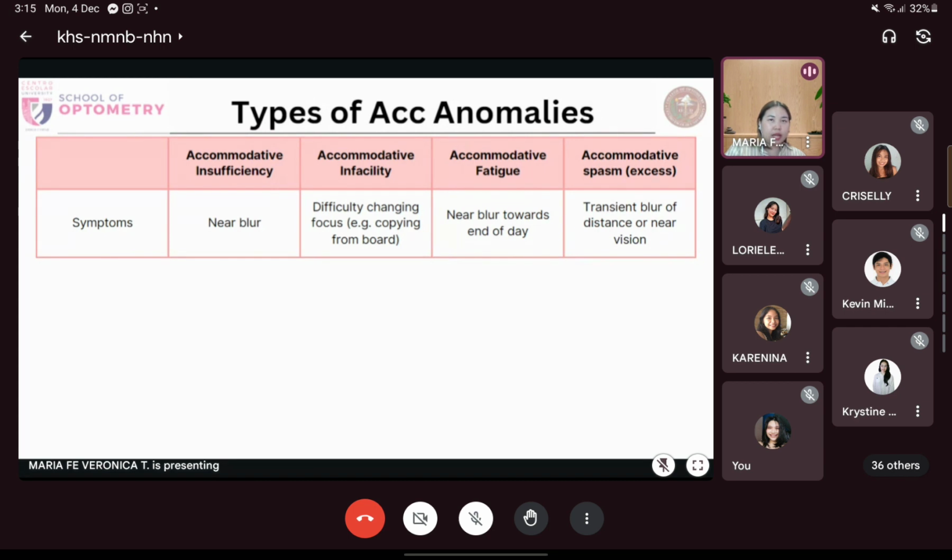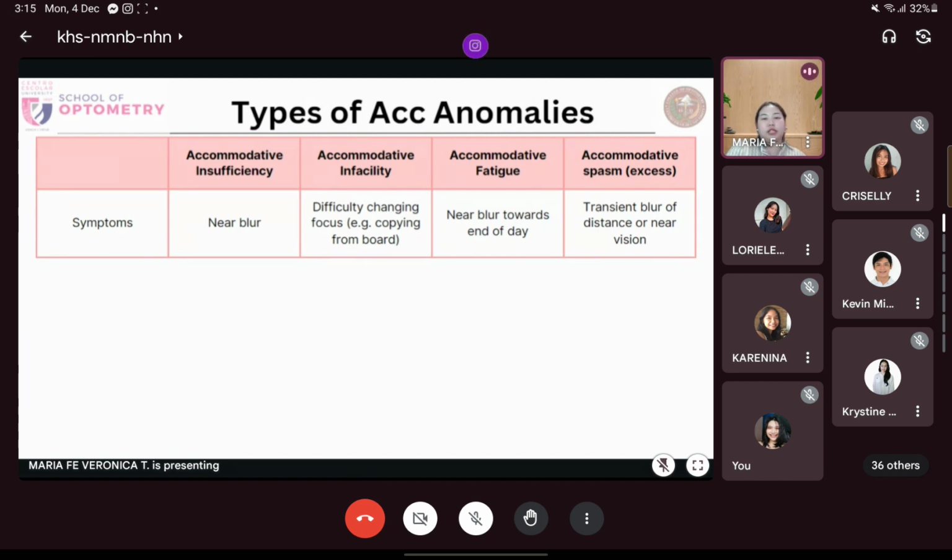Then after niyang magsulat, titingin na naman siya sa board, then it takes a while for the eyes to focus na naman sa distance. So ganun siya. So it takes a while for the eyes to focus from far, near, then mag-shift na naman doon, matagal yung waiting time.